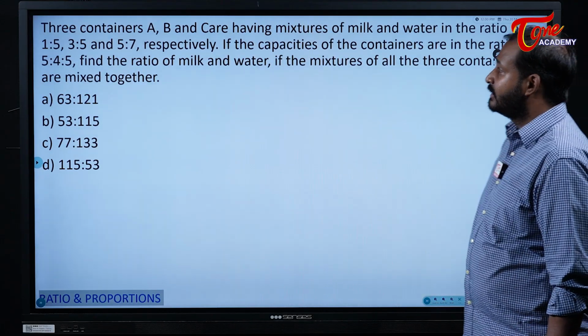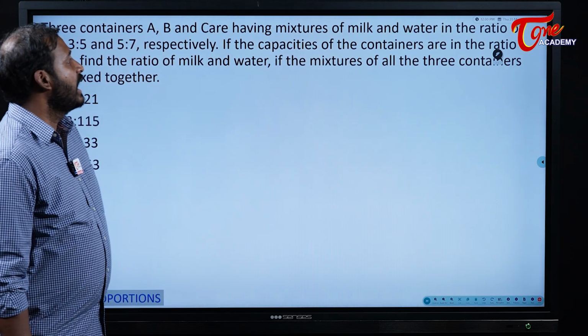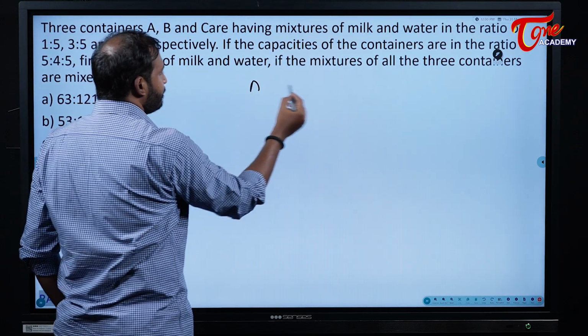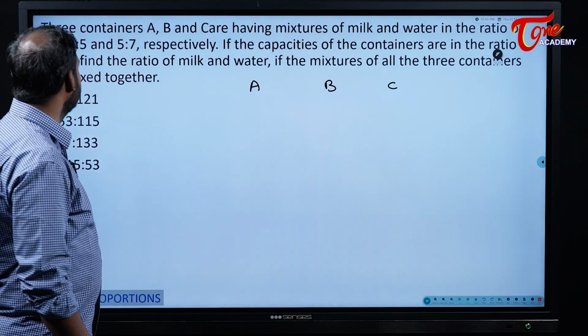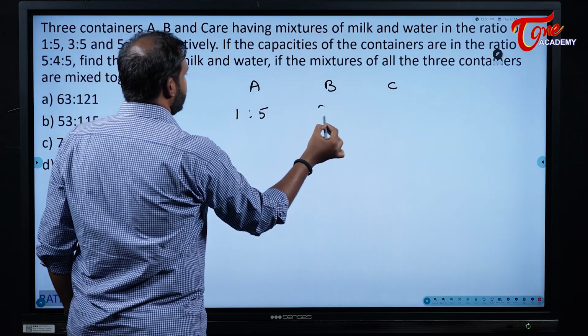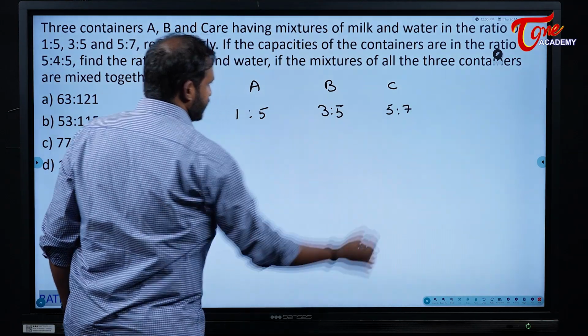Next one. Three containers A, B and C have mixtures of milk and water in the ratio of 1:5, 3:5, 5:7. They are in this ratio.